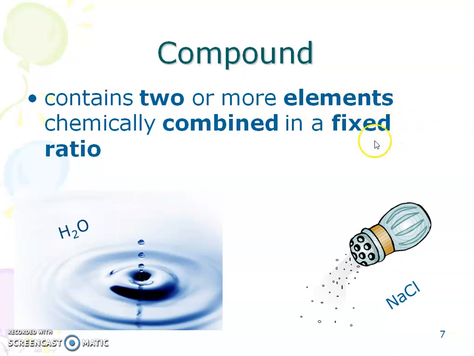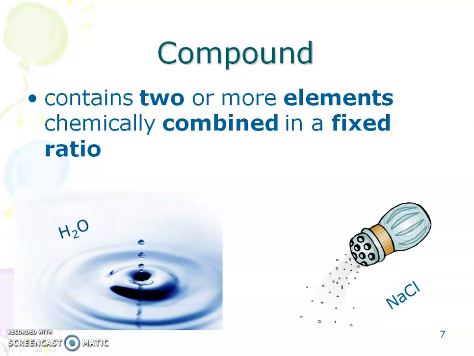But we want to remember that a compound has to be a fixed ratio. So in other words, this is water, H2O. But if we change the subscript of H2O to H2O2, now we formed a different combination of that fixed ratio, and now it becomes hydrogen peroxide.